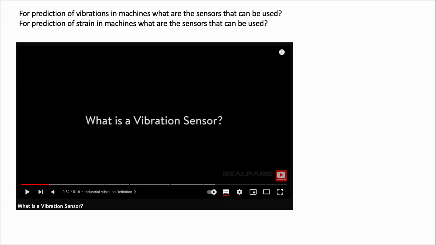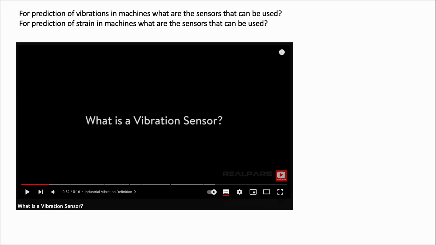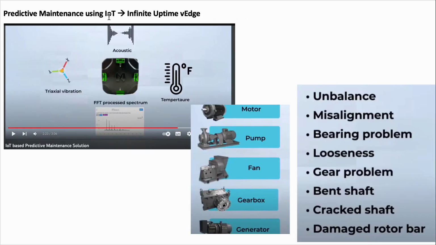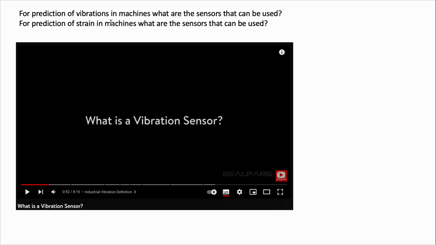Then, staying on the same topic of IoT in the industrial environment, for prediction of vibration, we talked about how we are going to check vibrations of the machines. So in machines, what are the sensors that can be used?